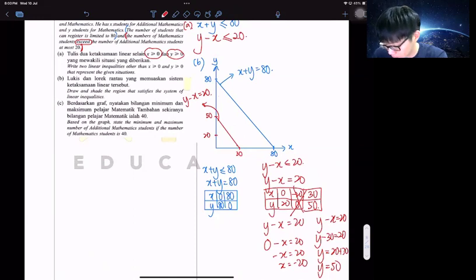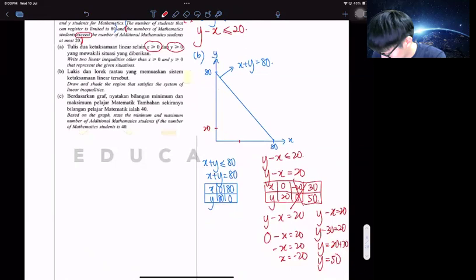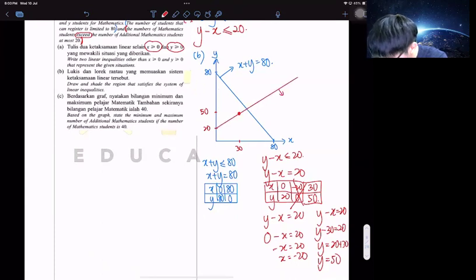Wait. Oh, my bad. Zero, 20. 30, 50. Oh, my bad. Put them back. Sorry, I'm too used to all the intercepts. 30, 50, I should plot here and draw the line like this. What was I doing over here? Y minus x equals to 20.